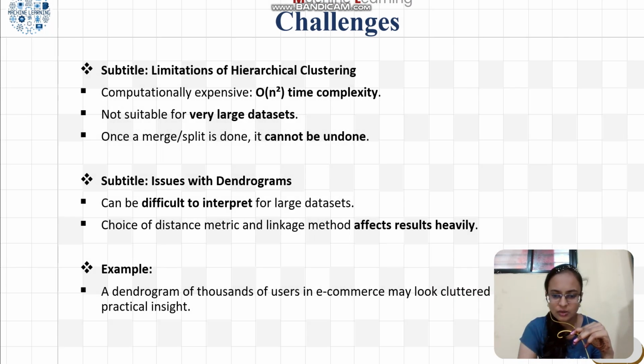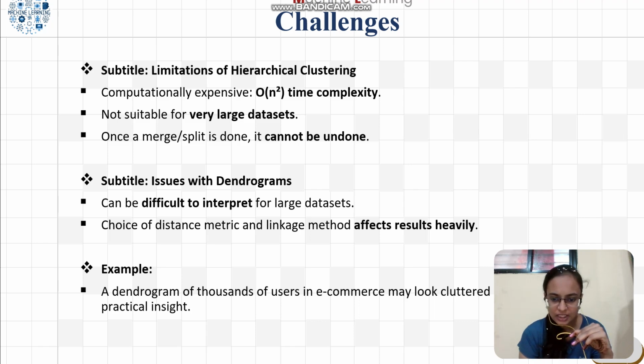Coming to the challenges hierarchical clustering faces: it is computationally expensive. The time complexity is O(n squared), which makes it unsuitable for very large datasets. Once clusters are merged or split, the decision cannot be undone, so early mistakes carry forward.